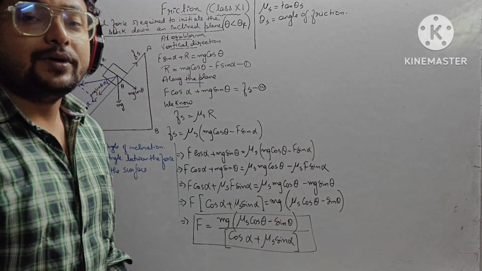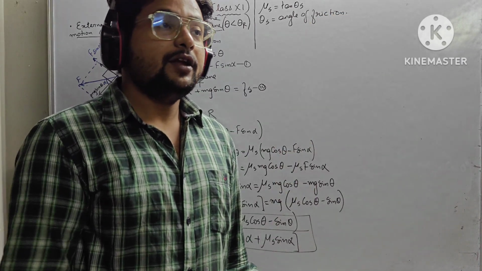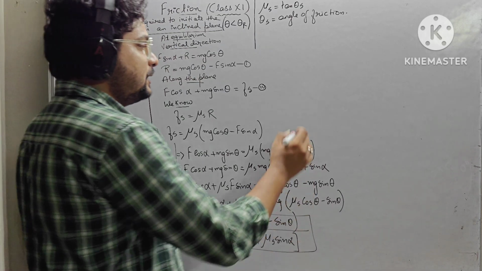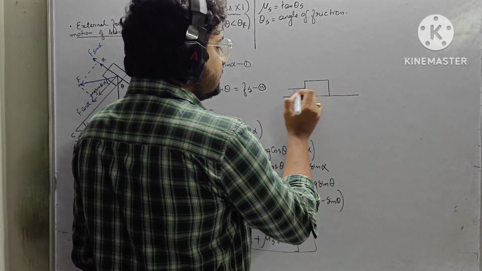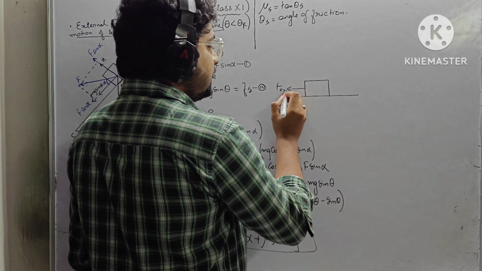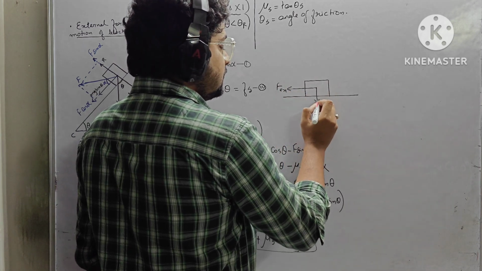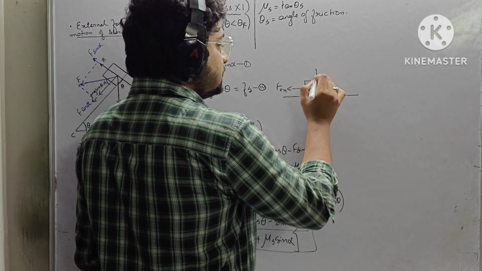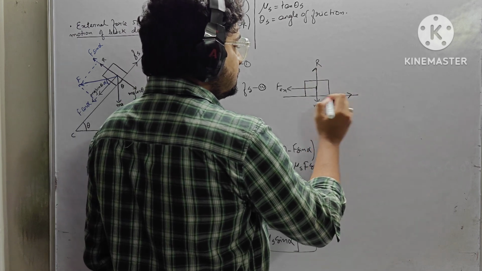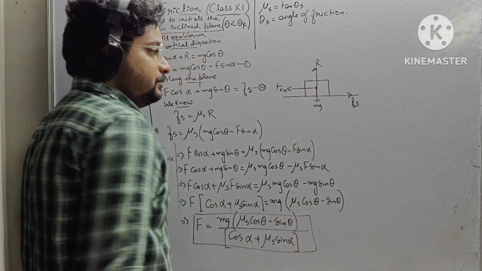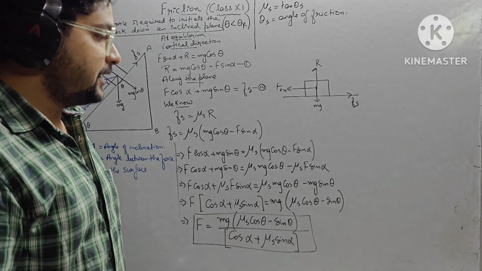Those who do not know, angle of friction is basically this: suppose I place a block over here. This is the external force which I am applying, this is the weight of the block, this is the reaction force, and in this direction frictional force is acting.